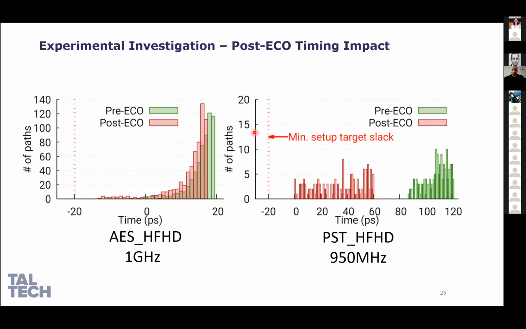So here I'm showing the example for the fastest ones, and for the AES the impact was not that great, and for the PRESENT the impact was higher, but not enough to violate our safety margin here that we're putting at more or less 20 picoseconds. So from these results, we can see that the ECO didn't impact negatively the timing performance of the target.